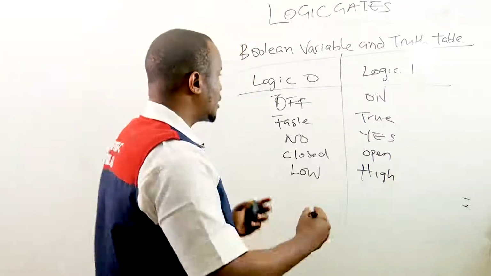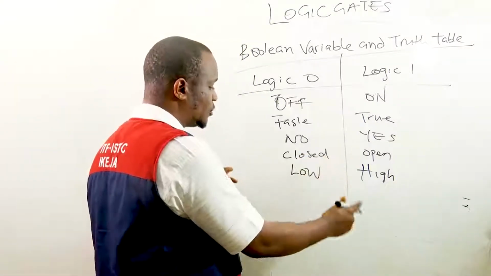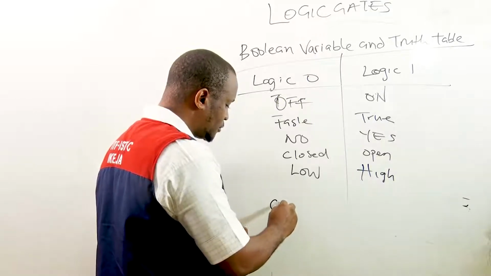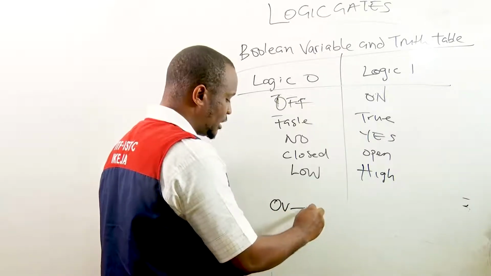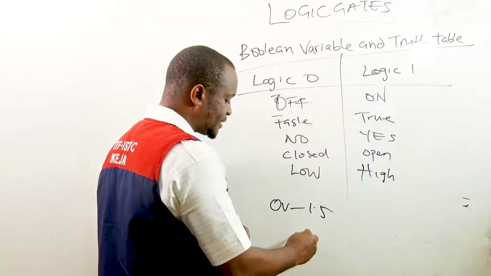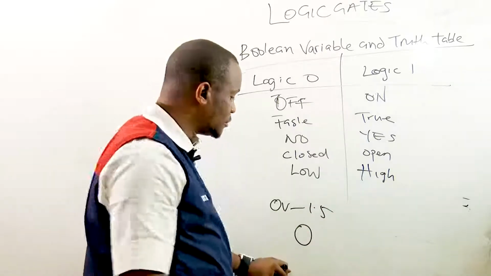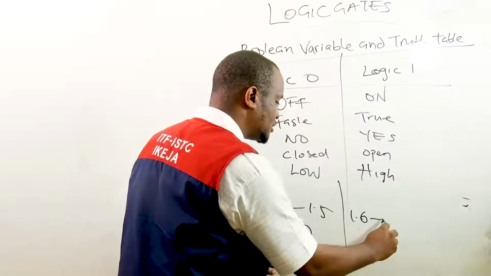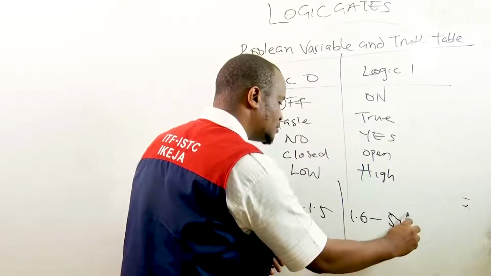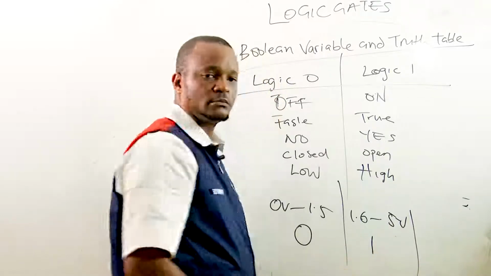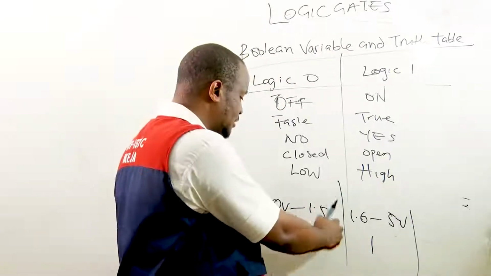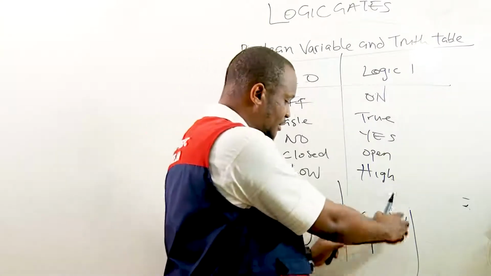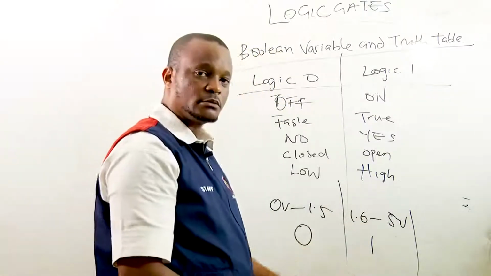So you can group a certain voltage that goes probably into a controller. You could say anything from 0 volts to, let me say, 1.5 volts, give it a logic level of 0. And anything above 1.5, let's say from 1.6 to, let me say, 5 volts, give it a logic 1. So whenever the system sees a voltage in the lower range, it outputs a 0. And when it sees something greater than that, it outputs a 1.